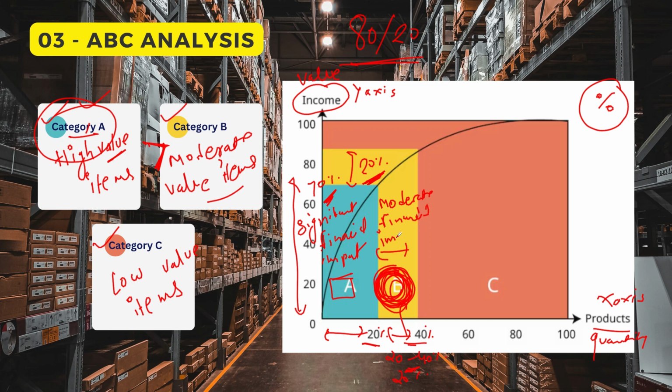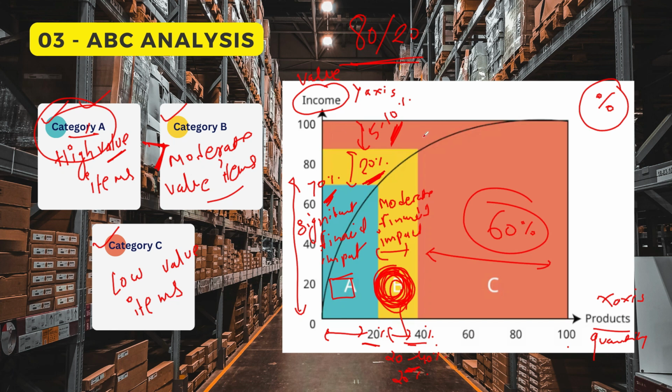And lastly, we have category C items. These items represent the majority of the inventory, like 40 to 100%. That means almost 60% they are contributing to the inventory items in quantity basis, but they account for very little, like 5 to 10% of the income.